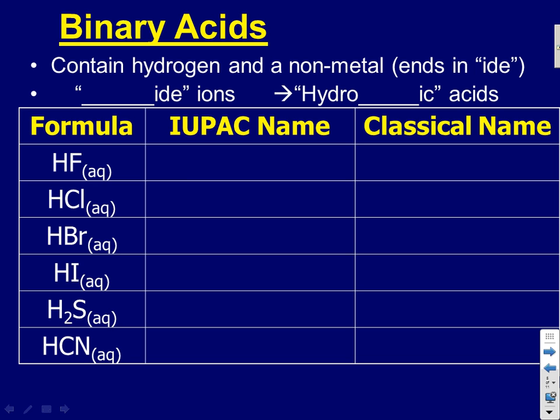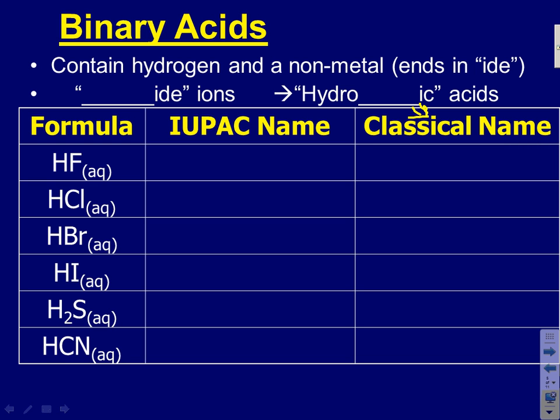Now this is the classical name. That's how we get the classical name, hydroblankic acid. I'm going to give you that tomorrow on the board when you have to do your naming. If the thing ended in "ide" or cyanide, then it ends up being hydroblankic acid.